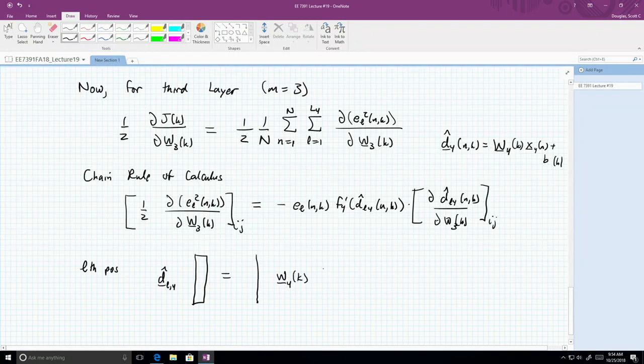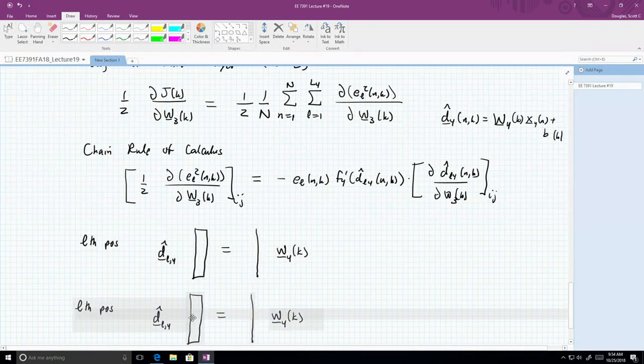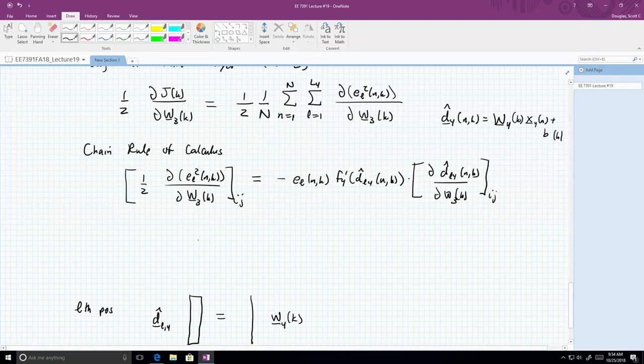And then what I'm doing, of course, is multiplying by X4. What is X4? Well, let me move this down. I need this space. My X4 of N, of course, is Y3 hat of N comma K, and this is a function of W3 K, right?